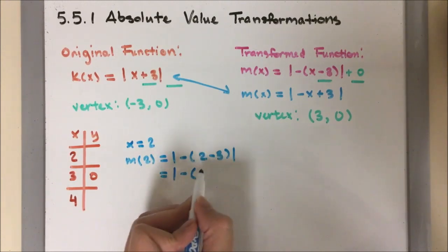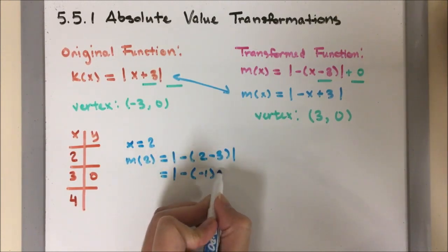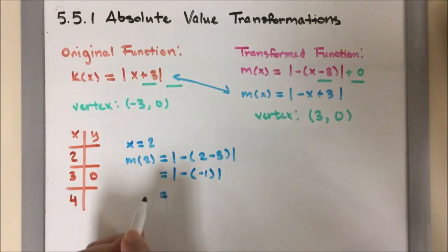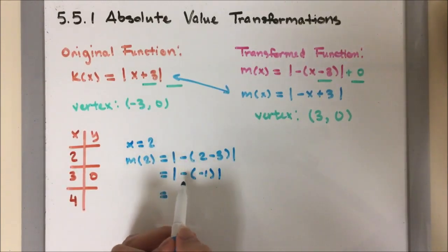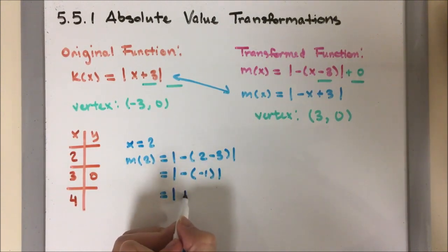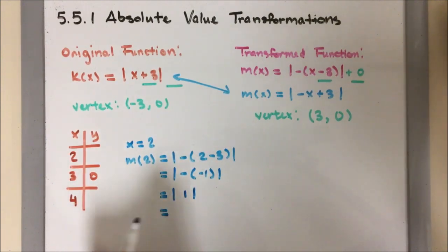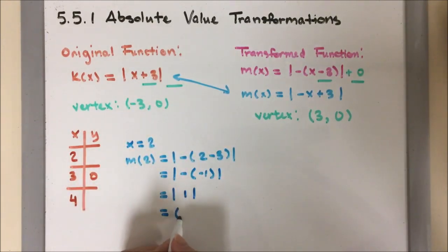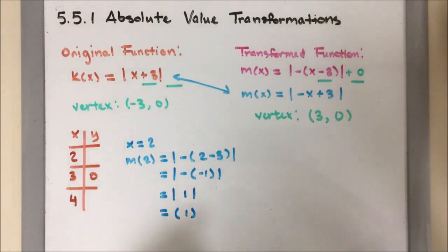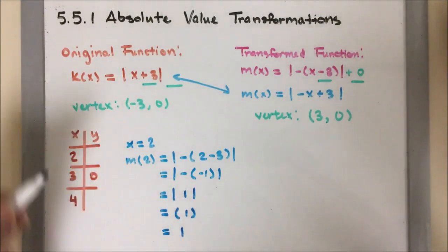So 2 minus 3 would be negative 1. Then, I'm still working inside the absolute value, so negative of negative 1 will be positive 1. And again, the absolute value just simply makes the number inside become positive. Since I don't have anything to distribute from outside the parenthesis, it'll just be positive 1.